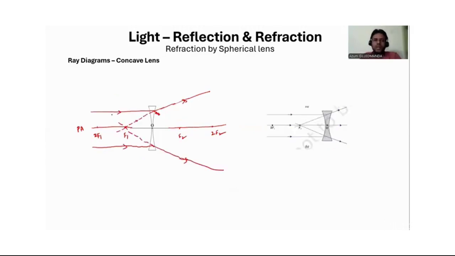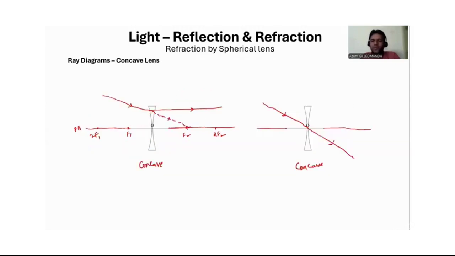One is a parallel ray incident that diverges out on the other side, but appears to be coming from the focus F1. And if a ray is incident at a certain angle and appears to be going into F2, that ray will diverge parallel to the principal axis. And if it goes through the center of the lens, it will not deviate.